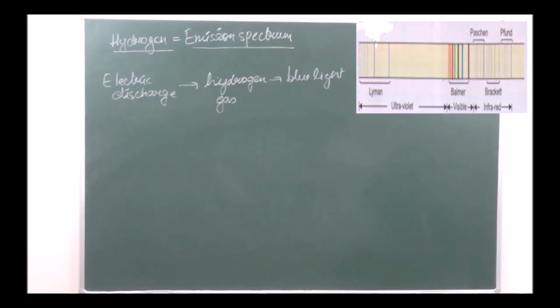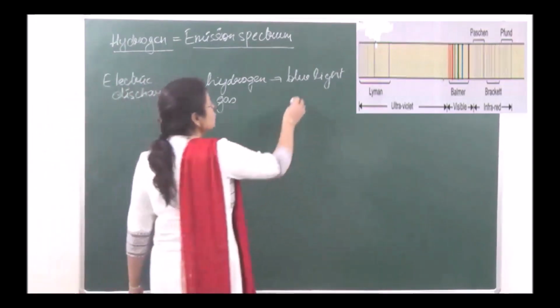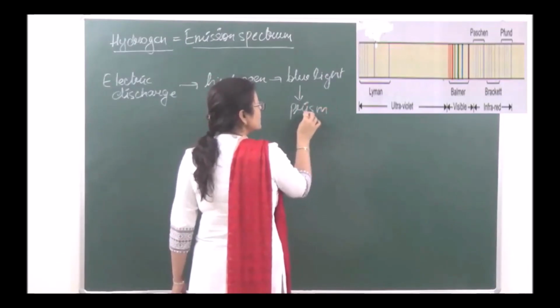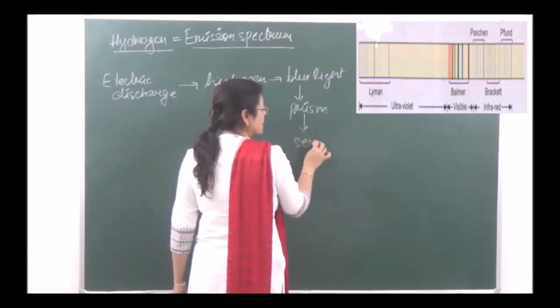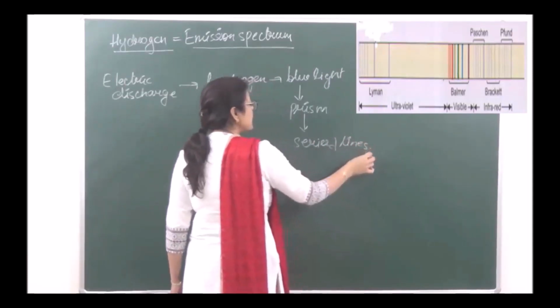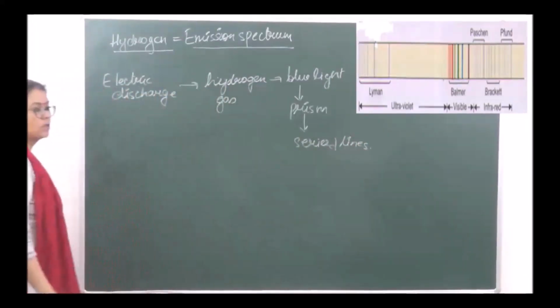This blue light is passed through a prism, and when this blue light passes through a prism, a series of lines were observed.